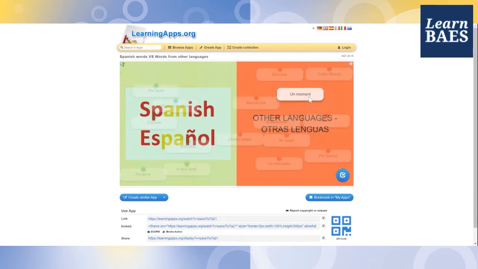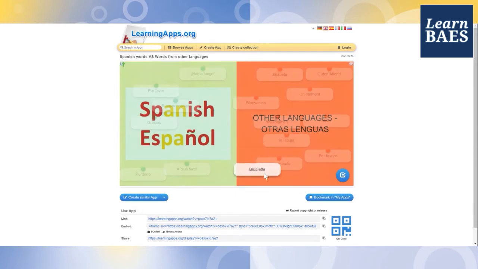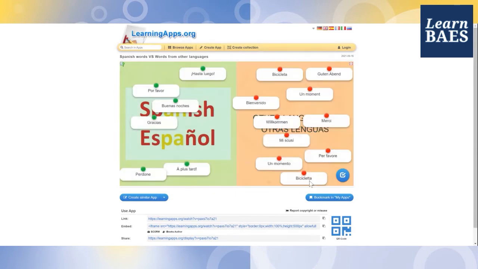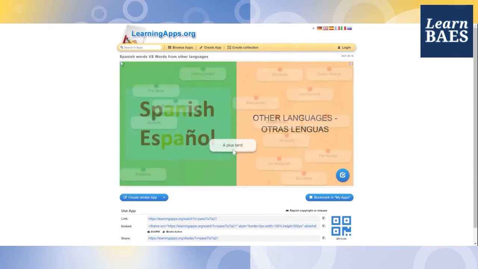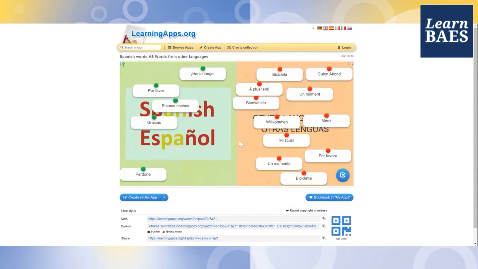Hasta luego, Spanish. Hasta luego es español, correcto. Bicicletta è italiano. We've got a polyglot here. And plus tard, is it French? Yeah, sí, es francés. Muy bien, muy bien.